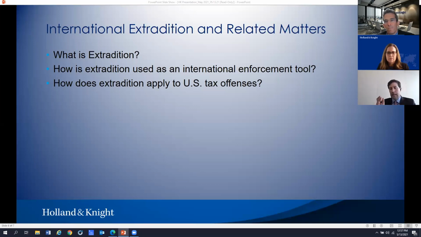Now, if a request for extradition is successful and an arrest is made in the foreign jurisdiction, the person's entitled to challenge it there. Kevin and I have worked with clients who were facing extradition from foreign countries and litigated heavily in the foreign jurisdiction, in a very aggressive way.